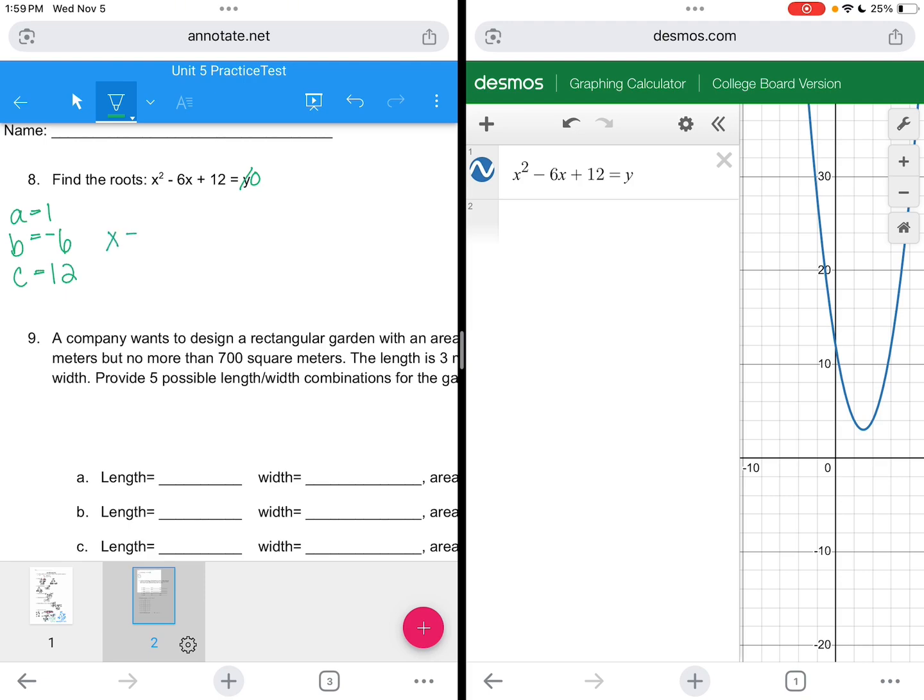So we're going to get that x is equal to opposite b plus or minus, put my fraction bar, the square root of b squared minus 4ac, all over 2 times a.